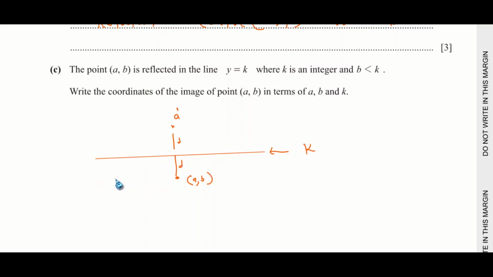So at this spot here, when you reflect this point, the y coordinate will change. Let's say for instance now it's at 2, so when it goes up, it will definitely change. We know the value of b, so the image of b will be equal to k plus d.